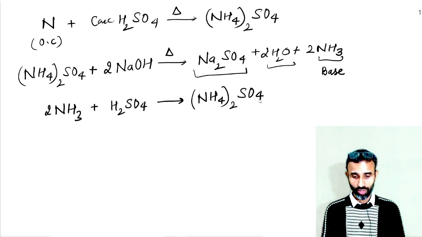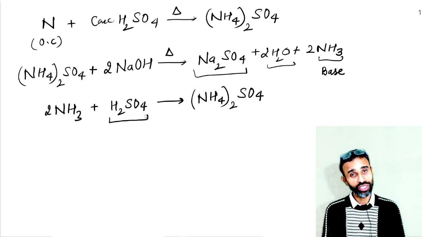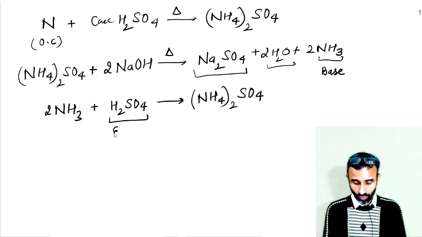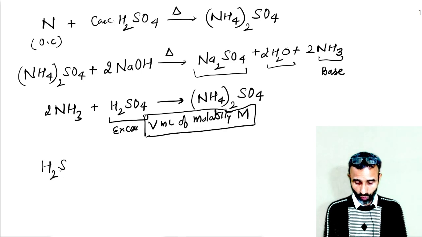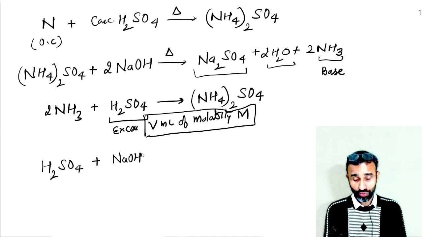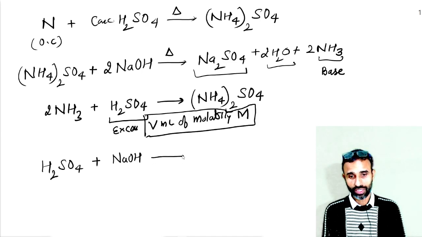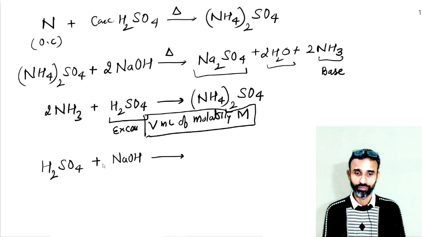Let us say we use V mL of H2SO4 of molarity M. The excess H2SO4, which is left over after reacting with ammonia, is titrated against NaOH of the same molarity.